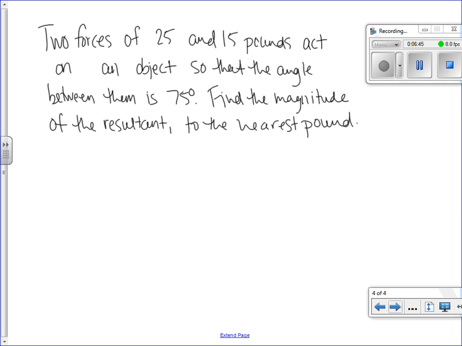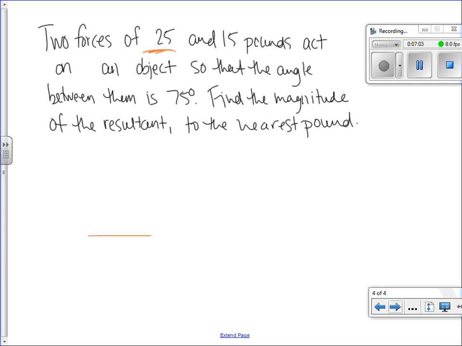Okay, so for starters, reading this, I know that I have two forces, so I'm going to have two arrows, and I know that I have an angle between them of 75 degrees, so let's draw the picture. I'll do the first force of 25 in red.